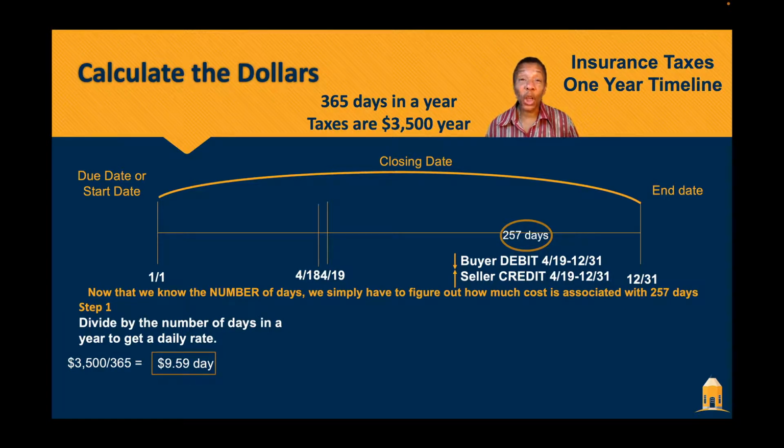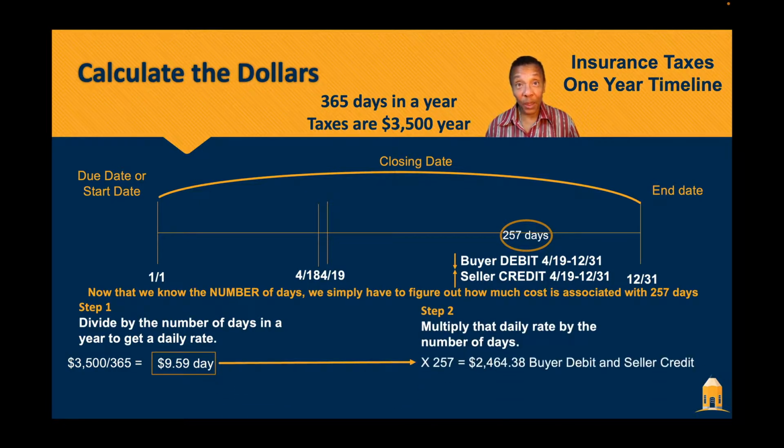But if this was just in your calculator, you would actually be able to go 3,500 divided by 365 and just multiply it by the 257, and you will get $2,464.38. A buyer debit.